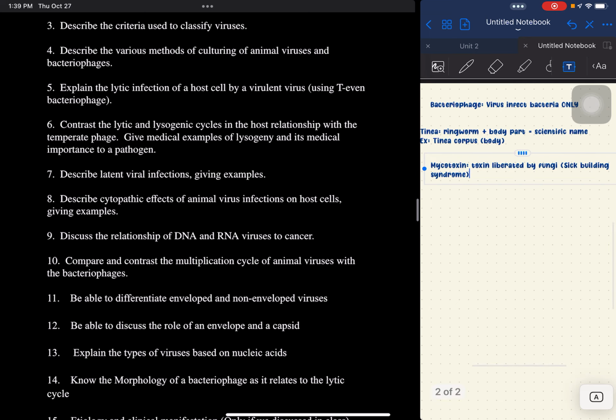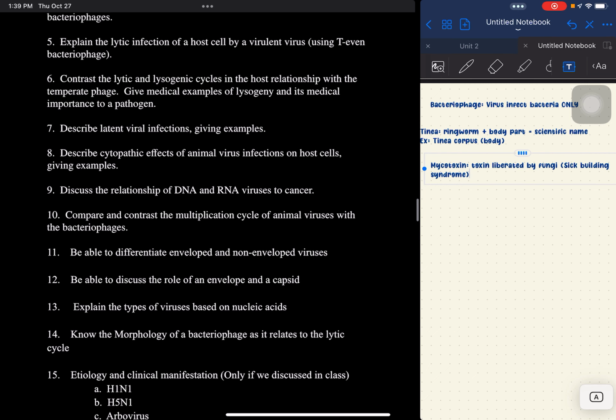The two organisms that produce the mycotoxins you're interested in at this very moment are Stachybotrys and Cladosporium. They're also known as the black mold.